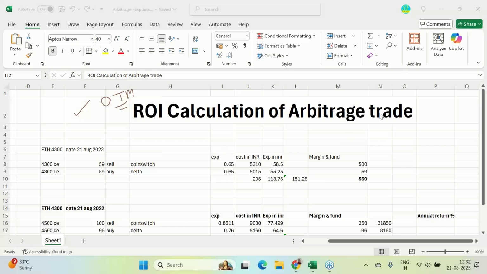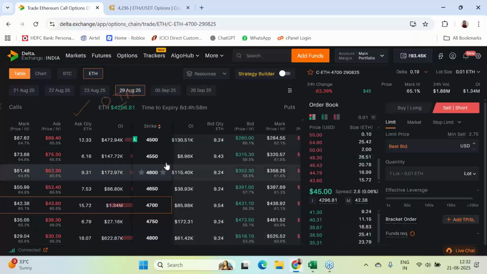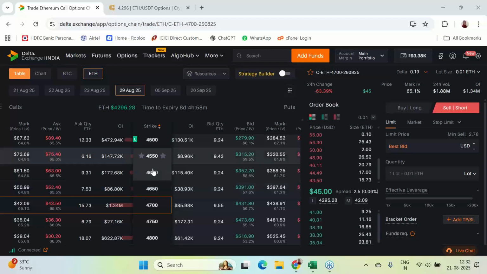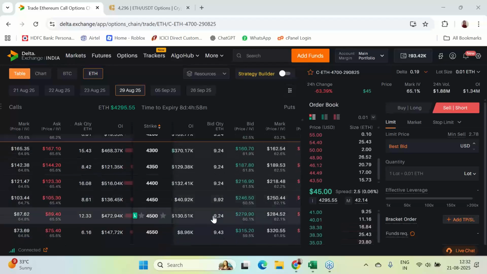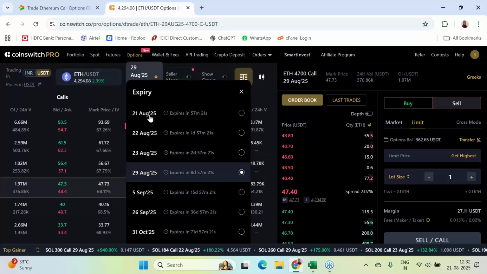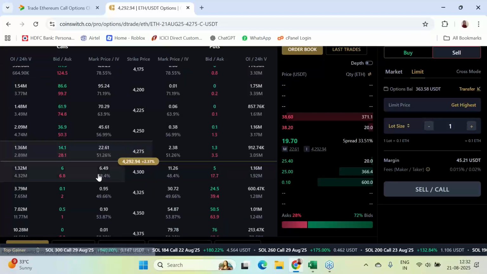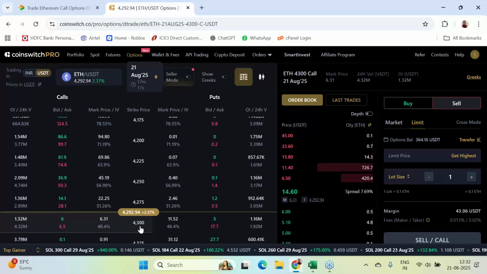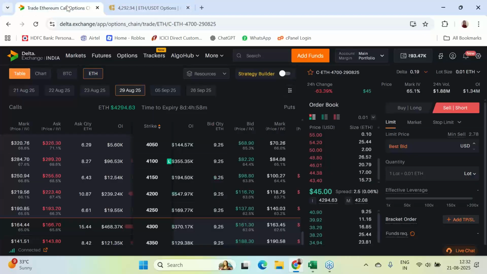Second part is, if at any point of time it is at the money, then we are going to get a very good gain. Suppose anybody who initiated at 4,300 one week back. Now it is 12:30, and hardly 1 hour is left. 4,300 is at $6, and here 4,600.